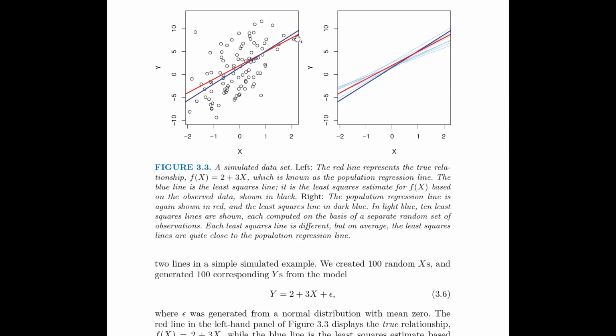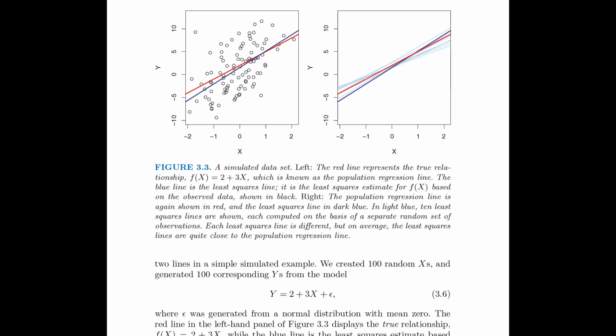Right, so the authors took a red line, they took an error term, they created the 100 data points. Using the method of least squares, which reduces the residual sum of squares, all you need is two parameters, beta naught and beta 1.